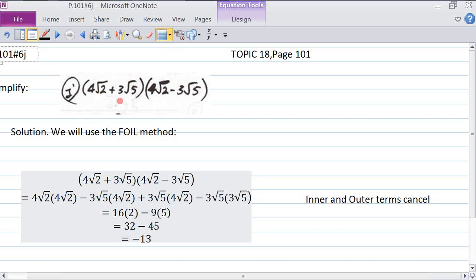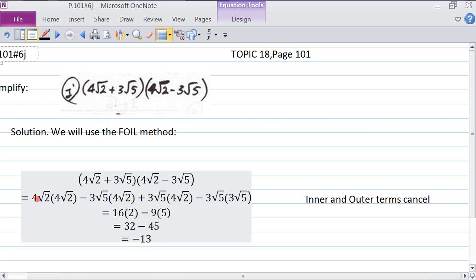Then the inner is the same thing but positive, 3 root 5 times 4 root 2. And the last times the last is minus 3 root 5 times 3 root 5. Okay, in this case, the outer and the inner terms cancel. So this is canceled by this term.